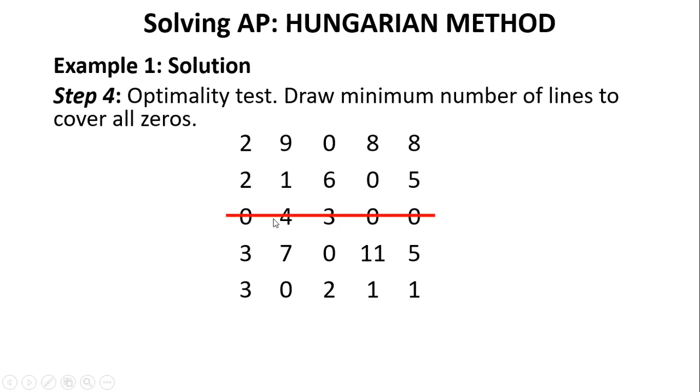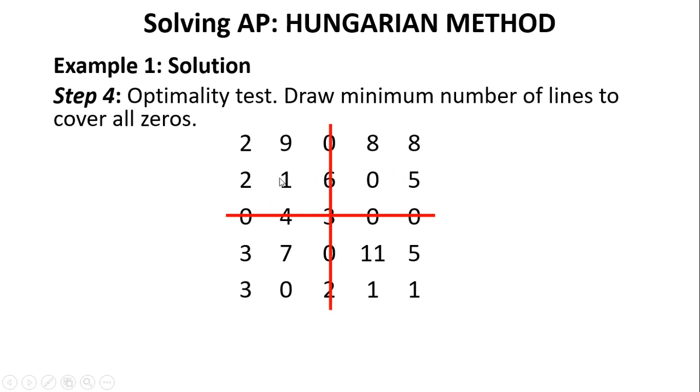If we cover this row with a line, then we go again and check which row or column has the maximum number of zeros. We have this column here, which has 2 zeros, while the other columns or rows have 1 zero. So we cover up this column.